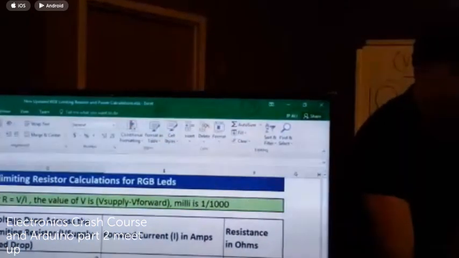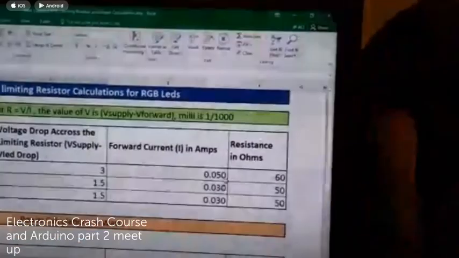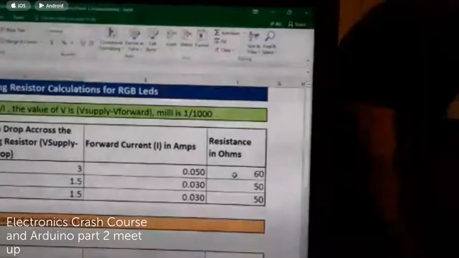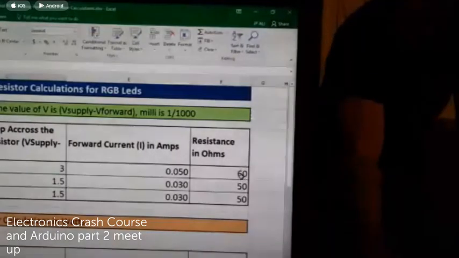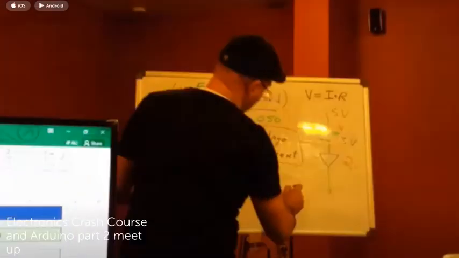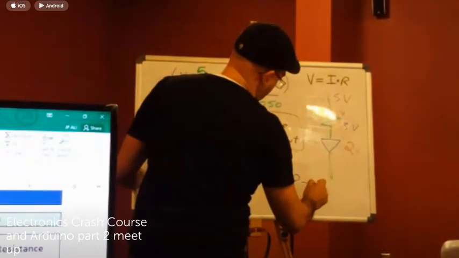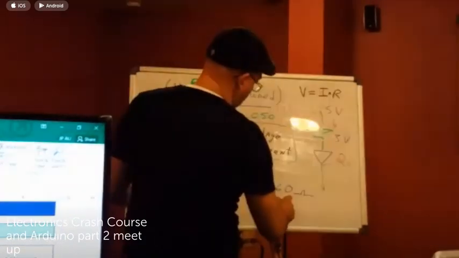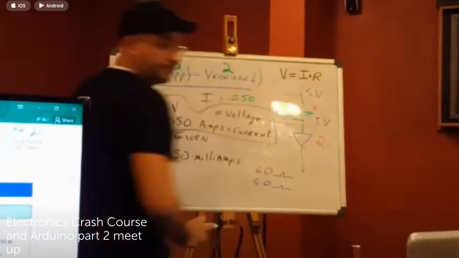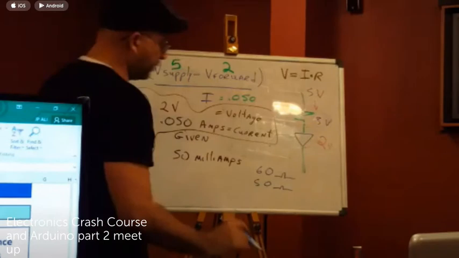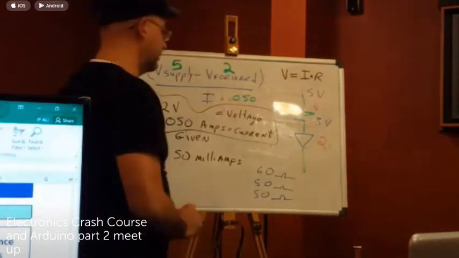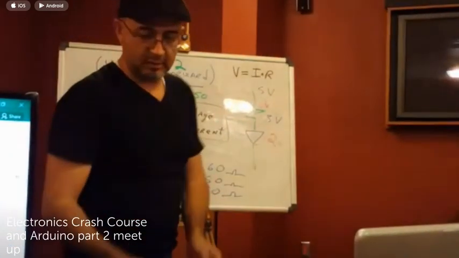For that to happen, and this is the forward current that we need to work in there, we need a 60 ohm resistor. So that's the value that we need to find for the red. For the green, we need a 50 ohm resistor. And for the blue, we need another 50 ohm resistor. So those are the 3 resistors that we need.